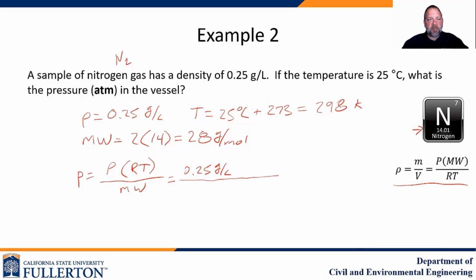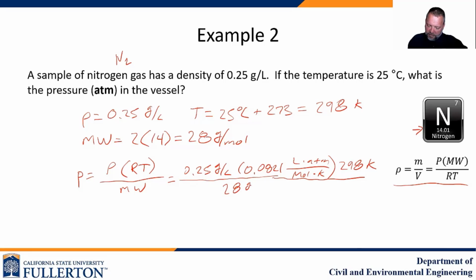In engineering, sometimes you do have equations that the units don't entirely cancel out. They're a little bit funky, but for gas laws, they do cancel out. So we can follow our units. R is 0.0821 liter atmospheres per mole Kelvin. Temperature is 298 Kelvin. And then our molecular weight is 28 grams per mole.